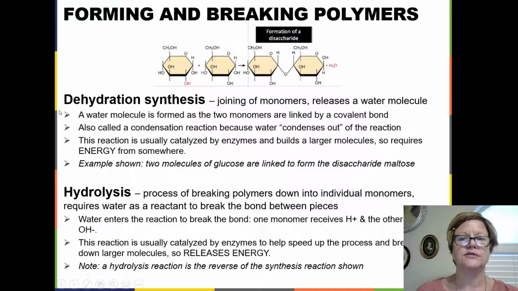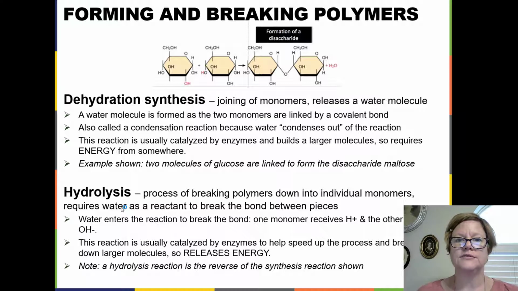So these build polymers. Now, the opposite reaction is called hydrolysis. That's the process where water and a polymer get recombined, and it causes the breakage of bonds that hold the monomers together. So basically you take this reaction that you see on the screen, and it's exactly the same, just turn the arrow the other way and you will have a hydrolysis reaction.